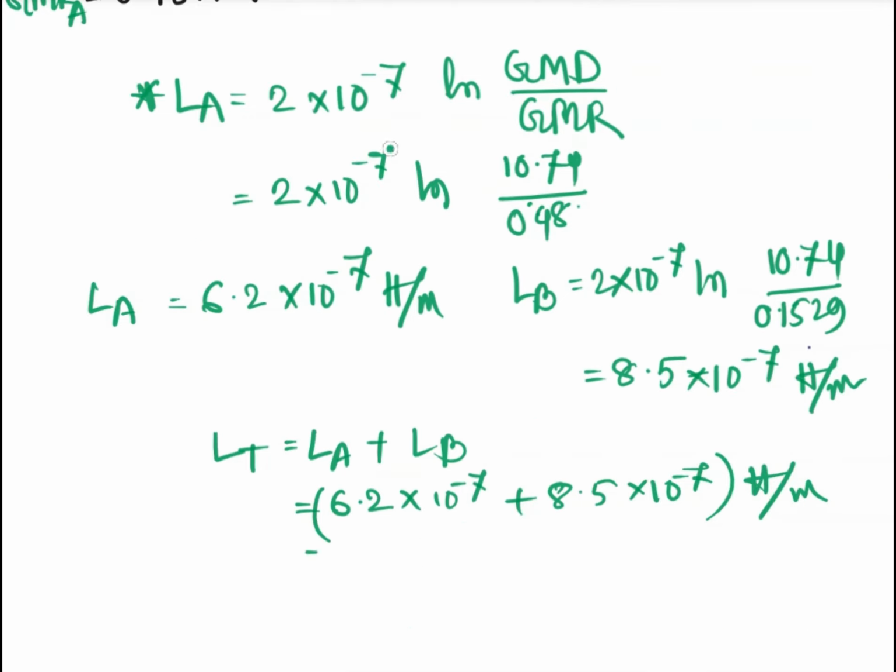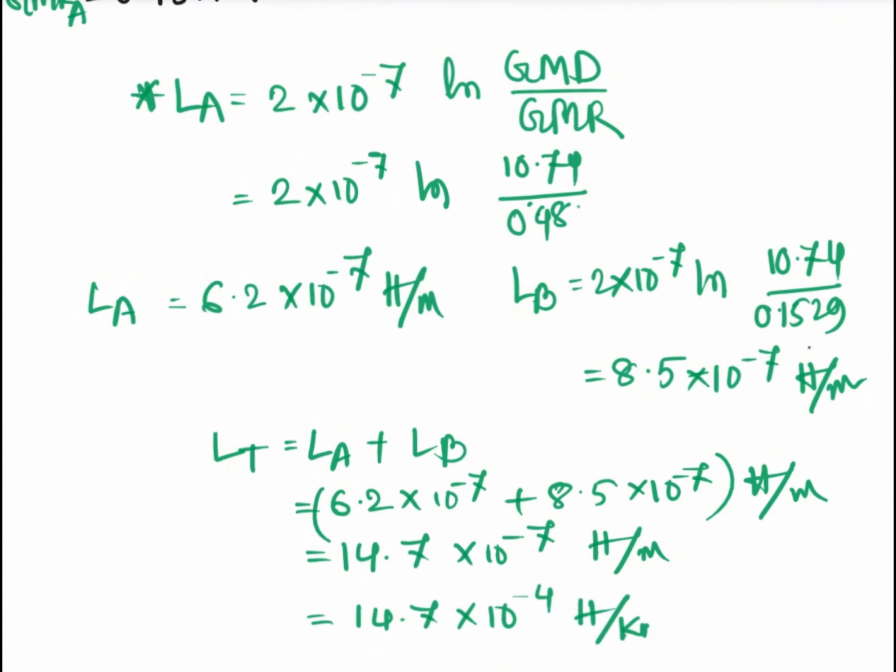Altogether the value is 14.7 into 10 to the power minus 7 Henry per meter, or we could write 14.7 into 10 to the power minus 4 Henry per kilometer.